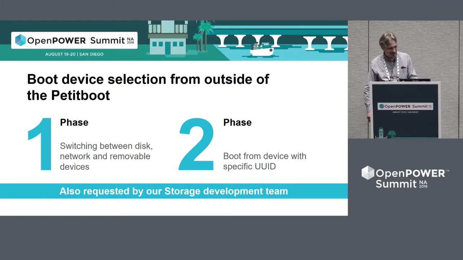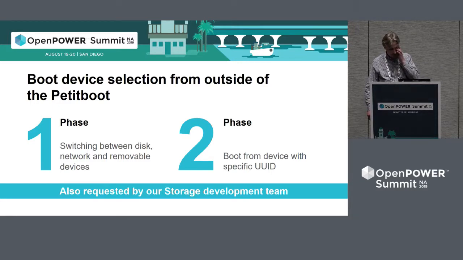Now that's another interesting feature. Well, the system takes some time to get through the self-test. For example, our server takes like 10 minutes to get up to the operating system, or at least the Petitboot. And the users already want to change the boot device entries.